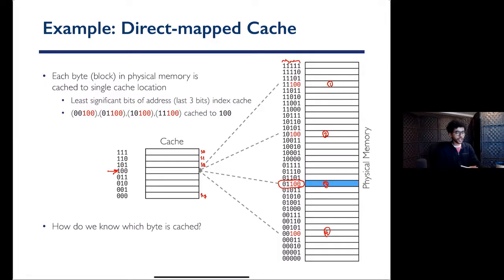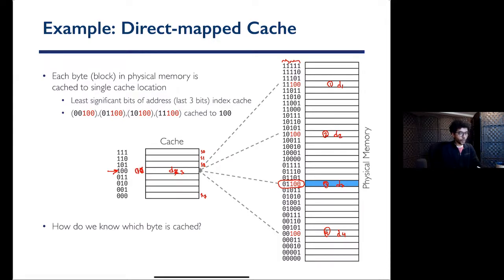So each cache has the data. For example, this might be D3, this might be D2, this might be D1, and D4. So in this cache, if I have D1, then I'm going to tag it with 11. If I have D2, then I'm going to tag it with 10. If I have D3, then I'm going to tag it with 01.